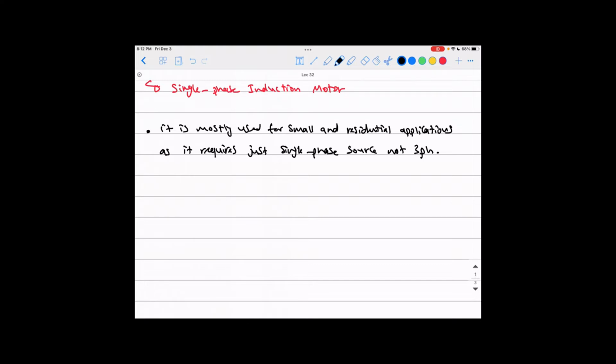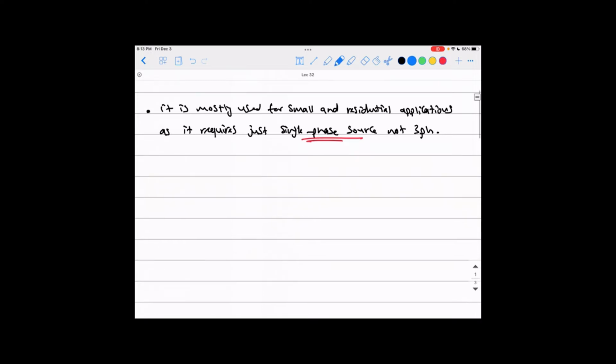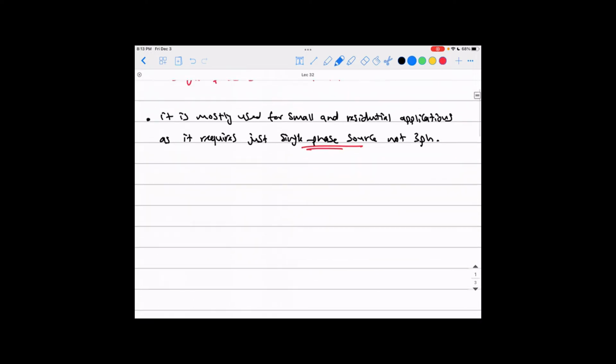That's why the single-phase induction motor is popular, because it's just available. Whenever you find a single-phase source, and you can find it anywhere, you can plug in this motor and it will work. That's why we bother having this kind of motor.